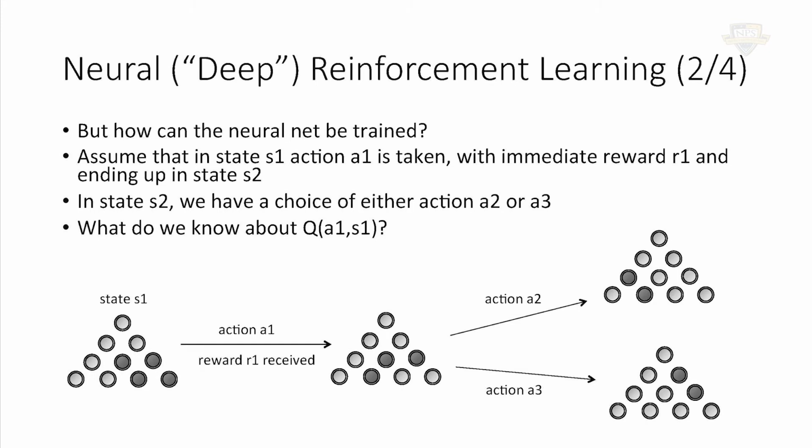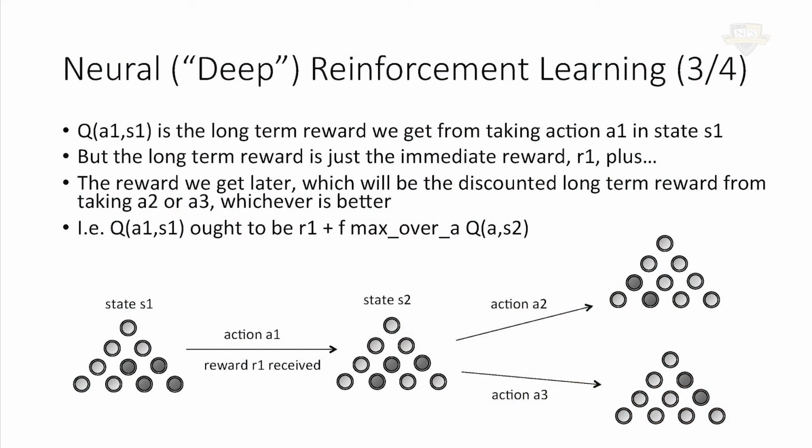Now, we'd like to know what Q is, so could we get smarter? If we have a system that's making moves like this, could we get smarter about what Q of A1, S1 actually is? It turns out that even though I couldn't tell you exactly what the value is, we know a little something about it.